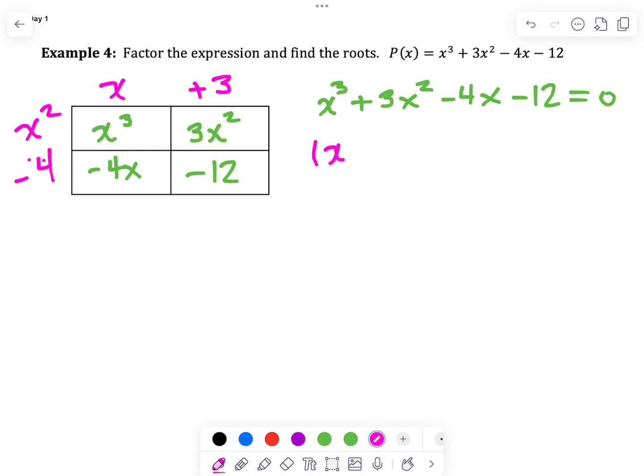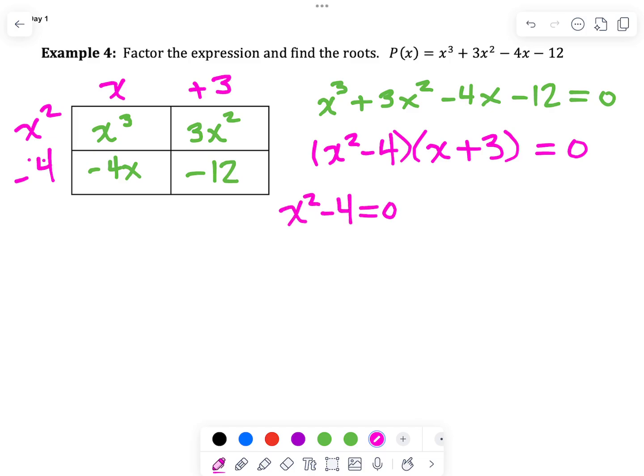So we have x squared minus 4, and then x plus 3. And now we're going to go ahead and use our zero product property. We're going to set the first factor, x squared minus 4, equal to 0, and the second factor, x plus 3, equal to 0, and then solve them for x.